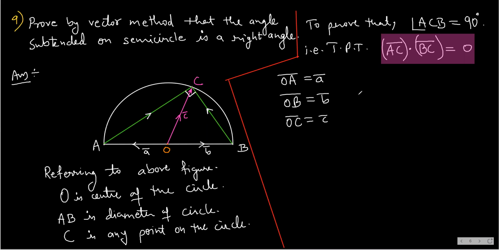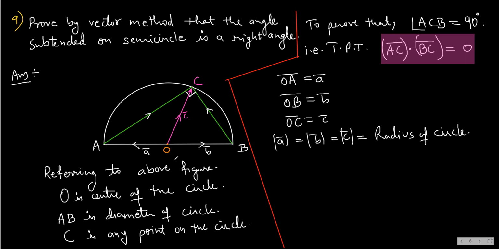Now what is important here, students, is that these three vectors have equal magnitude. Each one of them will have the same magnitude. Why? Because they are the radius of the circle. So here I will write mod of A bar equals mod of B bar equals mod of C bar equals the radius of the circle.